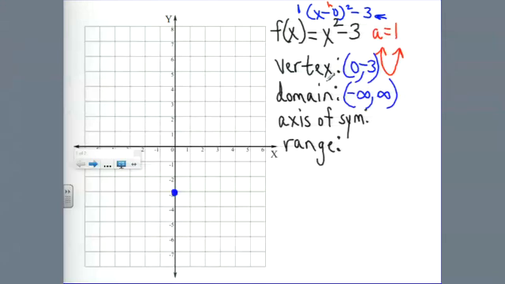Next, the axis of symmetry is the equation x equal to h. In this case, h is 0. So your axis of symmetry is the equation x equal to 0. And we will find the range after we graph the parabola.